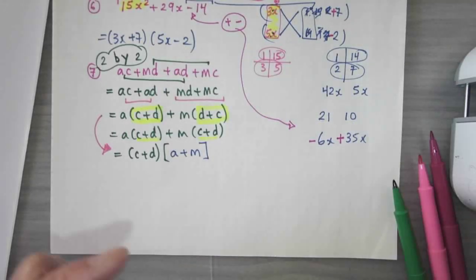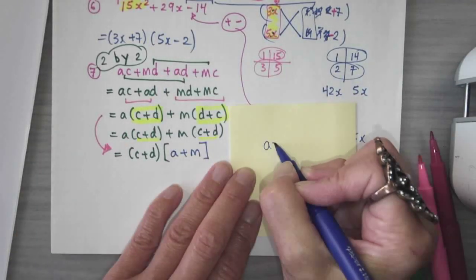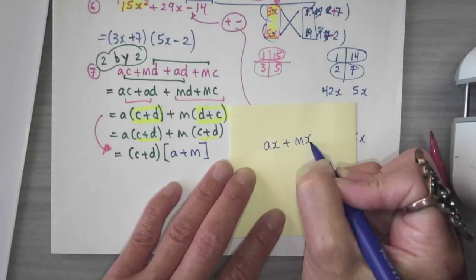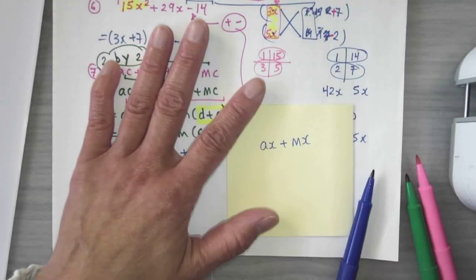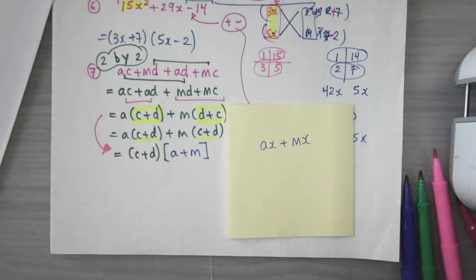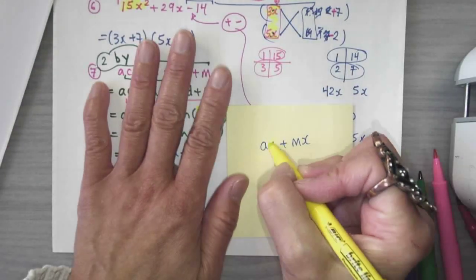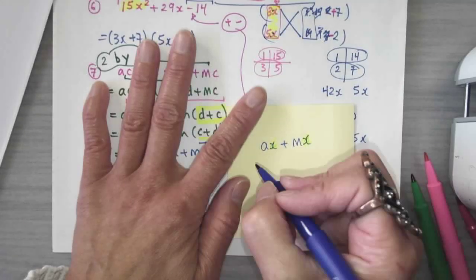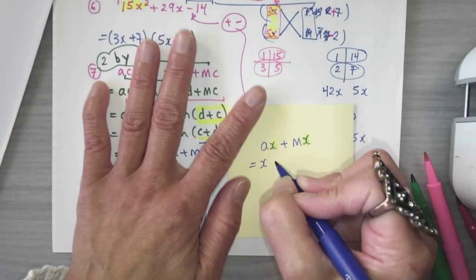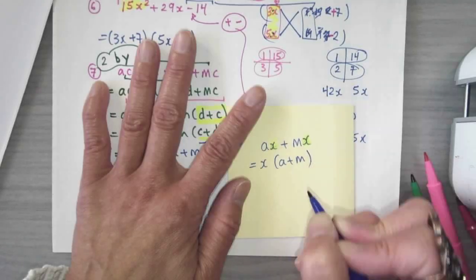If I said to you AX plus MX, right, if I said that, the common would be the X. That's common.